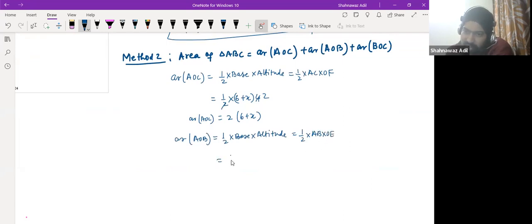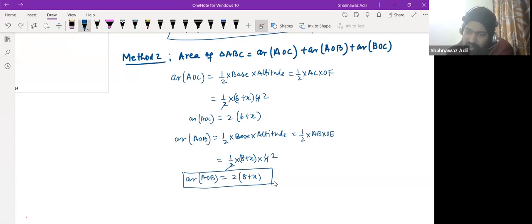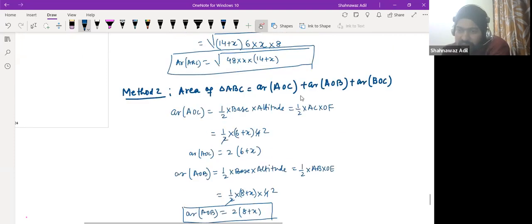What was AB? AB was, I guess, 8 plus 6, right? Altitude and height are the same thing, right? They're the same. So this is the area of AB.